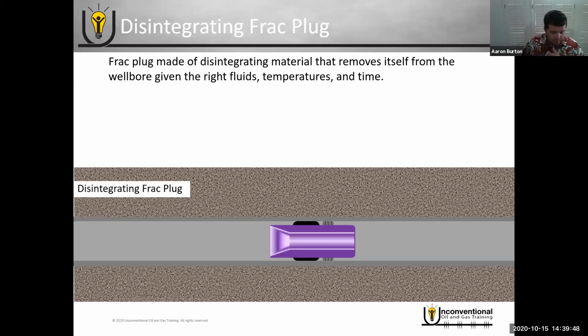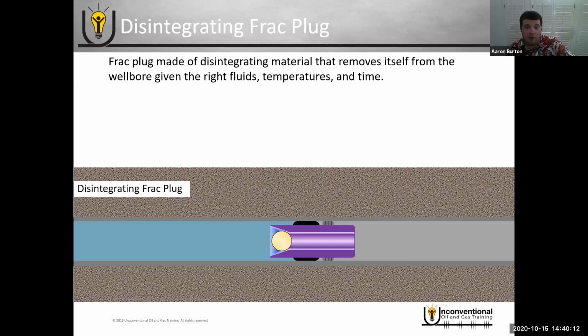So one of the newer technologies that we'll look at is the disintegrating frac plug. So with this one, this is the same overall functionality as the ball activated or the ball isolated frac plug. So once you set it in the wellbore, you have that hollow mandrel. You don't have that isolation. So you can still pump through that plug, the previously fractured stage.